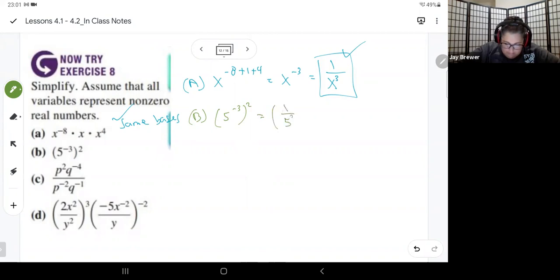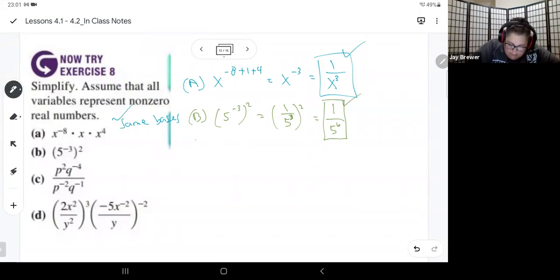So it's going to be 5 cubed on the bottom. And that's going to be 1 over 5 to the 6th. And it does say to simplify, but I think we can leave that there as it is.